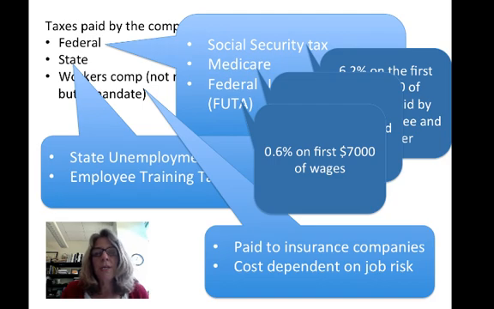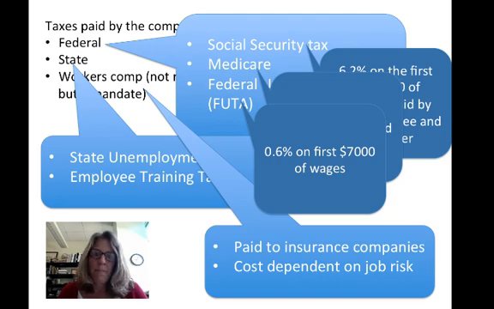Then there's FUTA, which is federal unemployment tax. Unemployment is actually paid at the state level, and you can see that the state also has an unemployment tax. There are some states that are underfunded in their state unemployment system, so the federal level compensates those states.